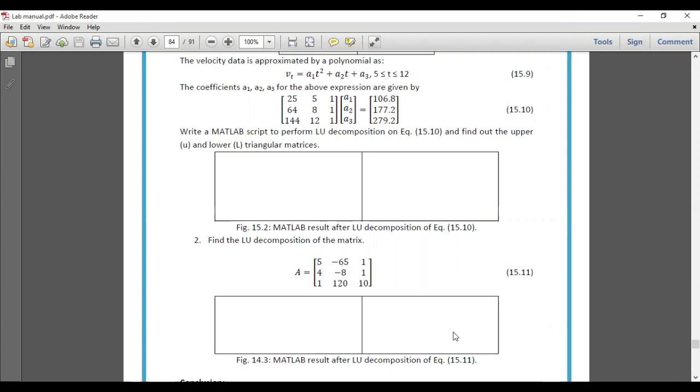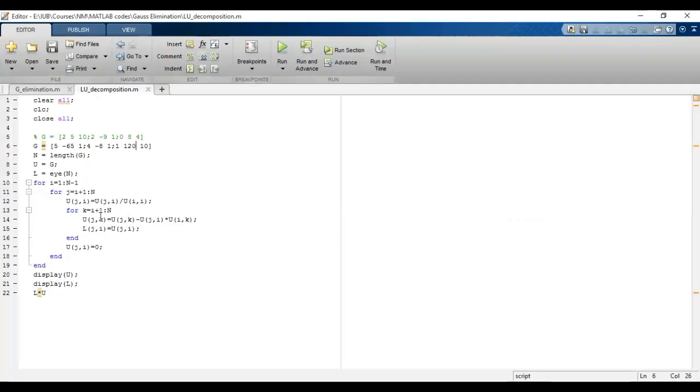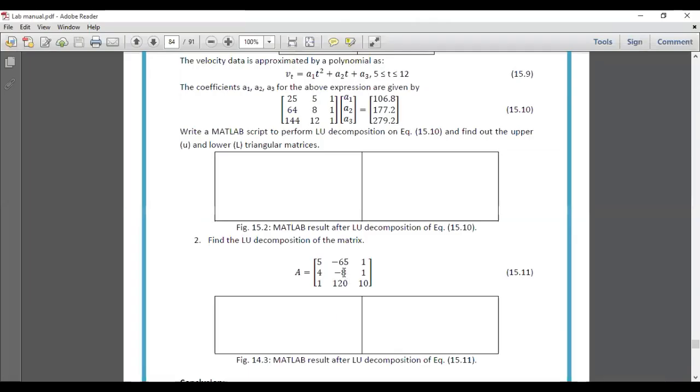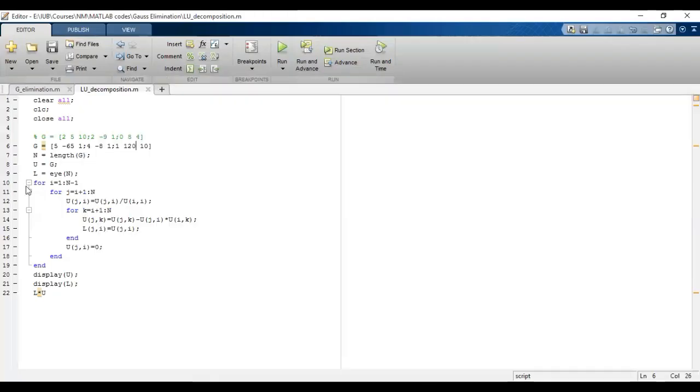Similarly, this matrix can also be decomposed and we can check whether it works or not. So I have specified this matrix over here, and you can write these as simple lines, and at the end you can take the product of L and U matrices.